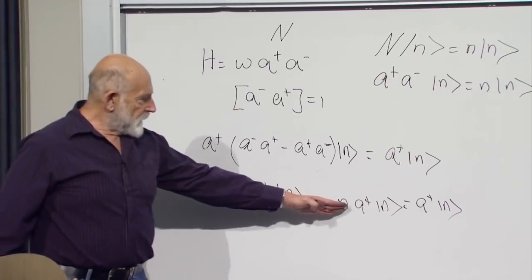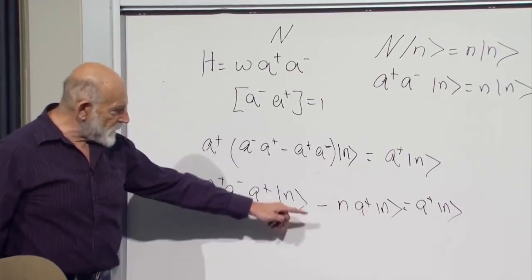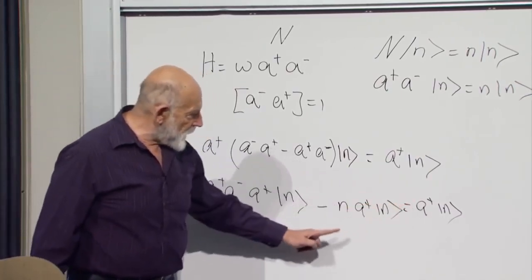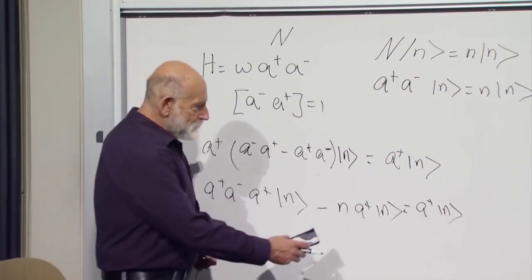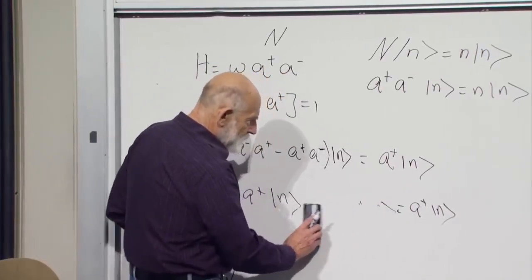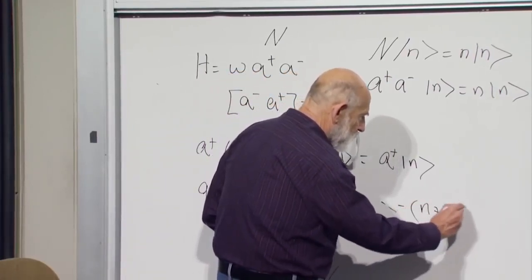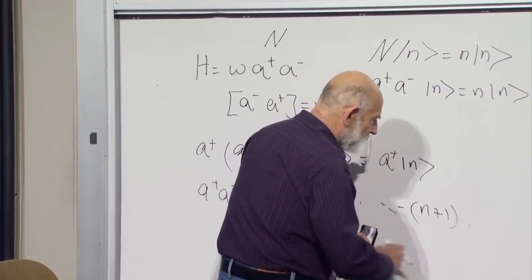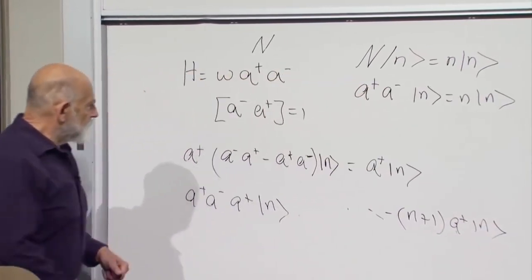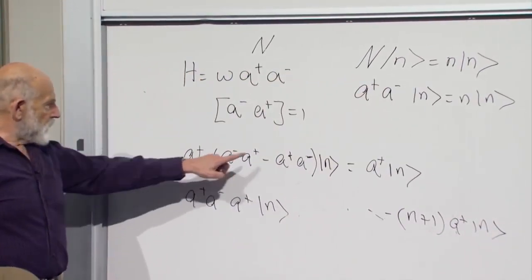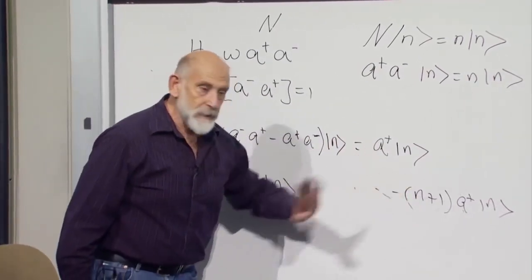Okay, let's shift this over to the right. What happens if I shift this over to the right? Here I have A plus times n, and here I have n times A plus times n. What do I get? N plus 1. Ooh, that's good. This one got shifted over to the right. It gave me this n, and the other one gave me the 1.